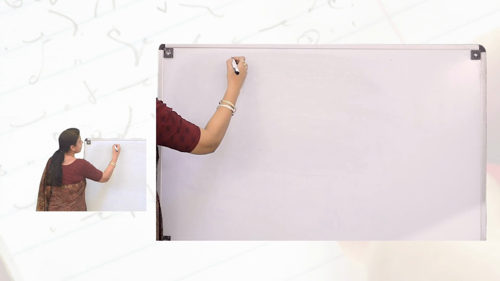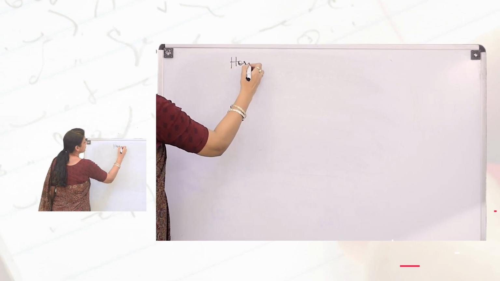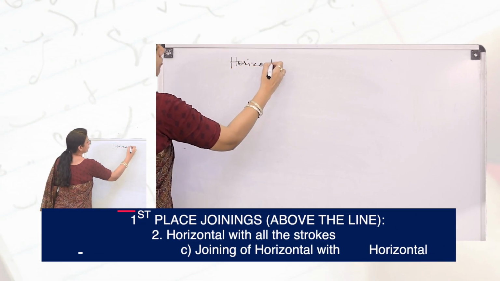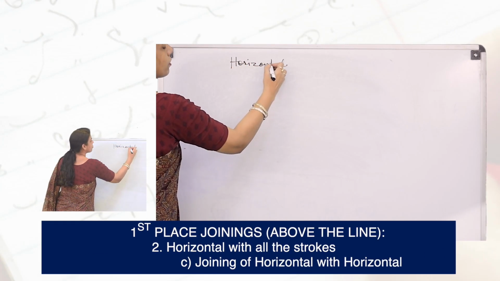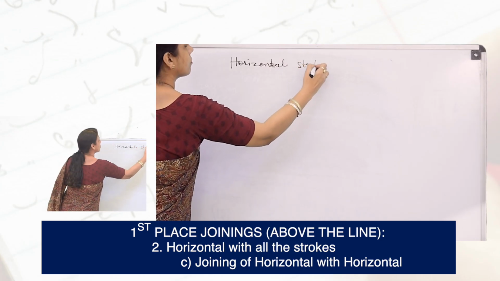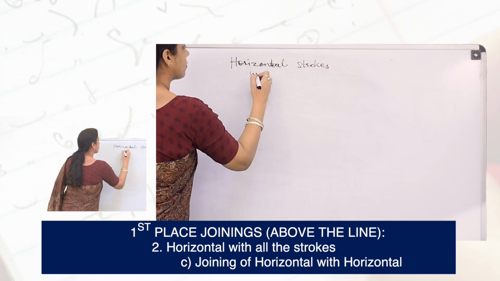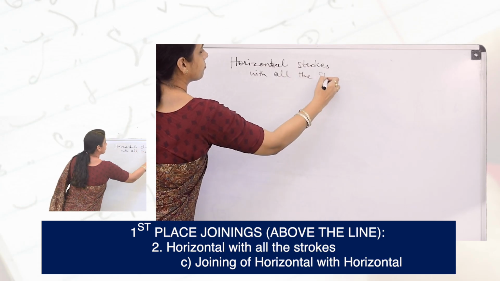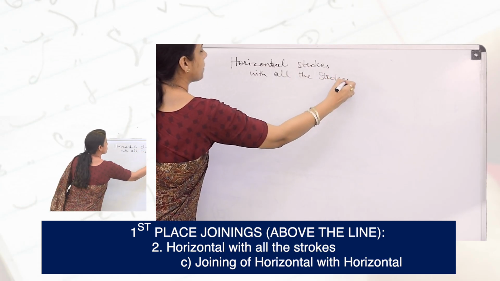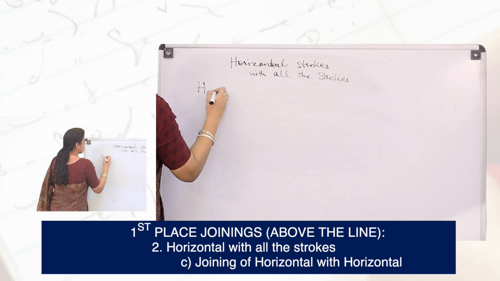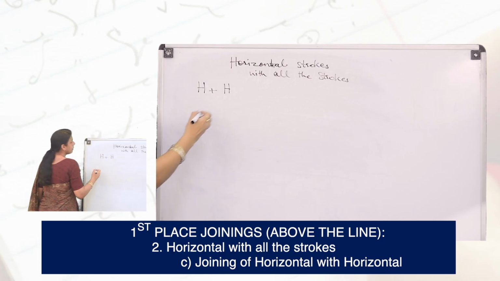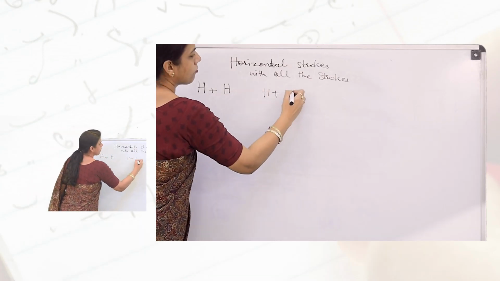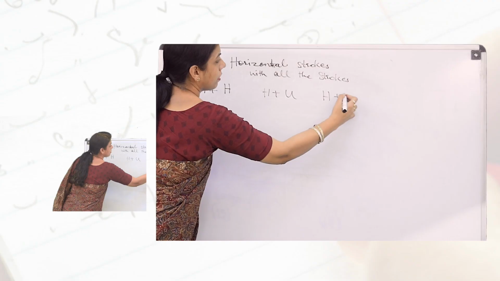So now the remaining is joining of horizontal strokes with all the strokes at first place. So horizontal plus horizontal, horizontal plus upward, horizontal plus downward.